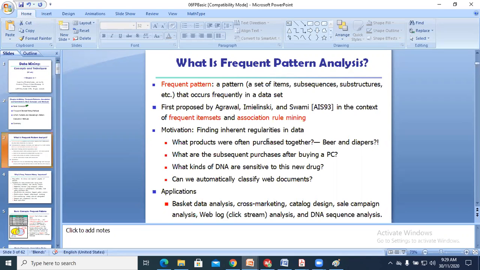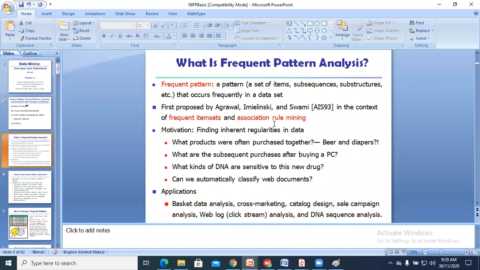So actually, frequent item sets have some association rules. And if you review assignment 1, which I have given you, you have performed this association rule mining over the affinity data set.